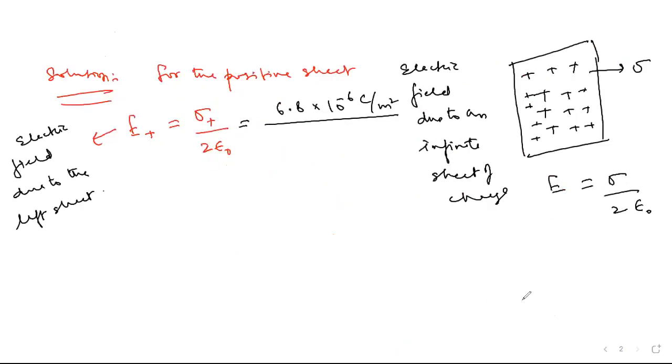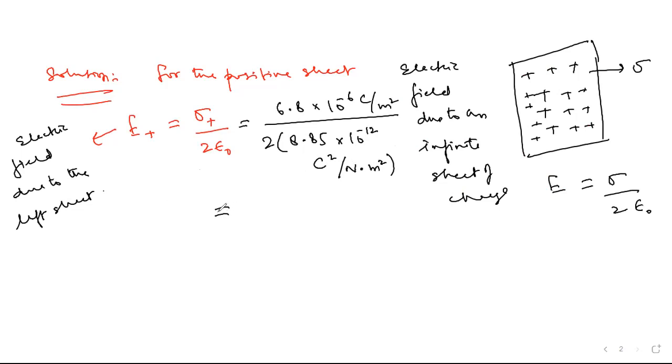Then I have here 2 times epsilon naught, which is 8.85 into 10 raised to the power minus 12 coulomb square per newton meter square.